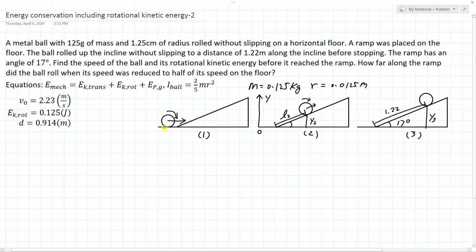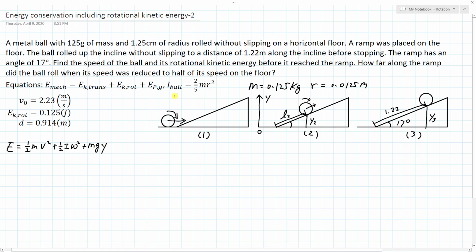So let's write down the exact expression of the mechanical energy. So the kinetic energy of translation, 1/2 mv squared, and rotational kinetic energy, 1/2 I omega squared, and then gravitational potential energy mgy.